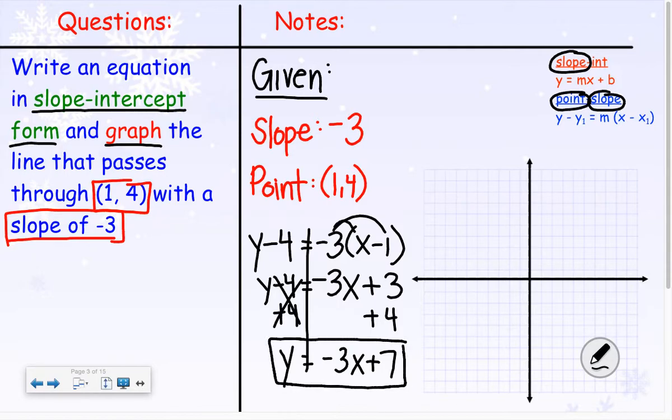Let's graph this. My y-intercept is 7, so go to 7 on the y-axis and put a dot. Then I'm going to rise negative 3, run 1. So down 3 over 1, down 3 over 1, down 3 over 1.